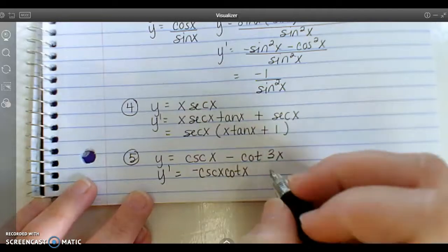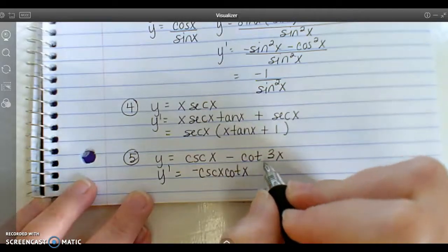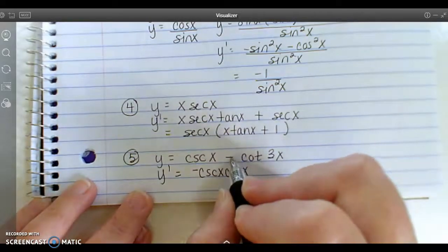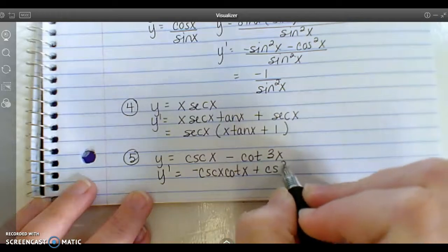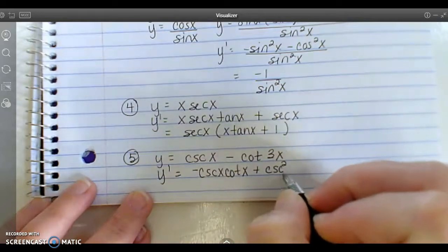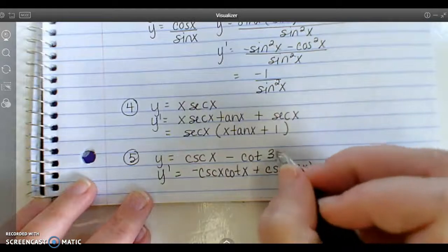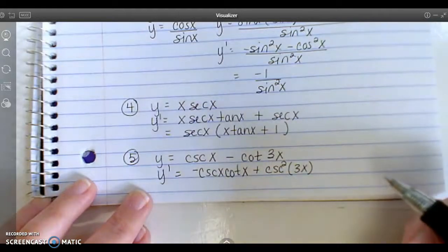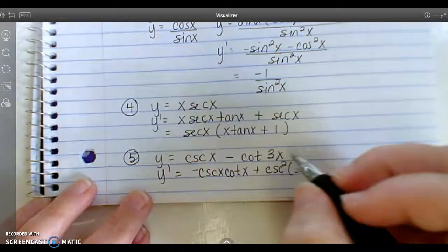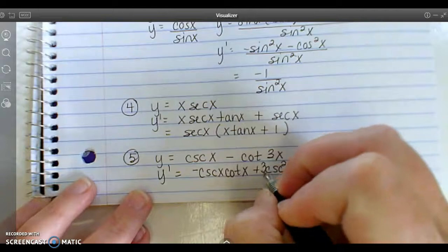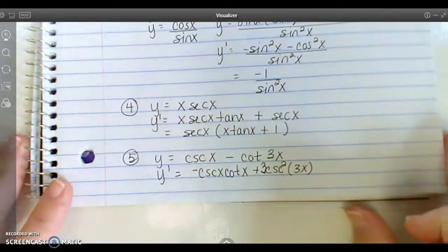The derivative of cotangent of 3x. Well, the derivative of cotangent is negative cosecant squared of x. Those two negatives will make a positive cosecant squared of 3x. But then you multiply by the derivative of the inside, continuing to do what we know about other rules. So we multiply that by a 3. And then there's the derivative of that one.